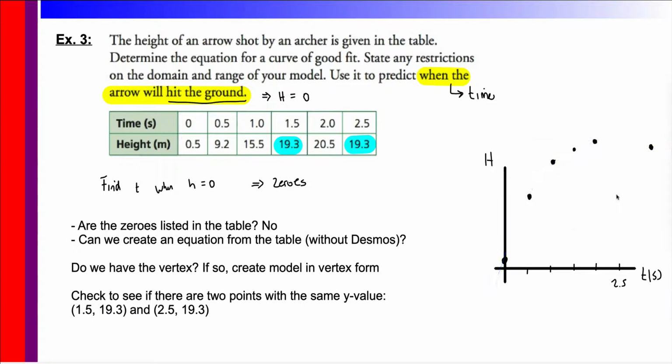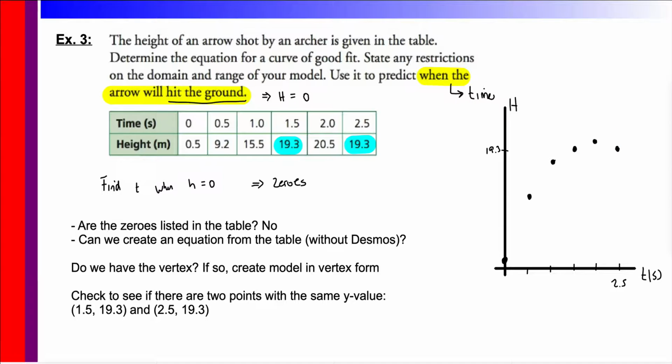So long as they're the same, these 2 points right here are what allow us to make that conclusion. So we've got this y-axis, if I just make this a little bit larger here, this is our height. And right here at 19.3, I know that these two are at the same height.